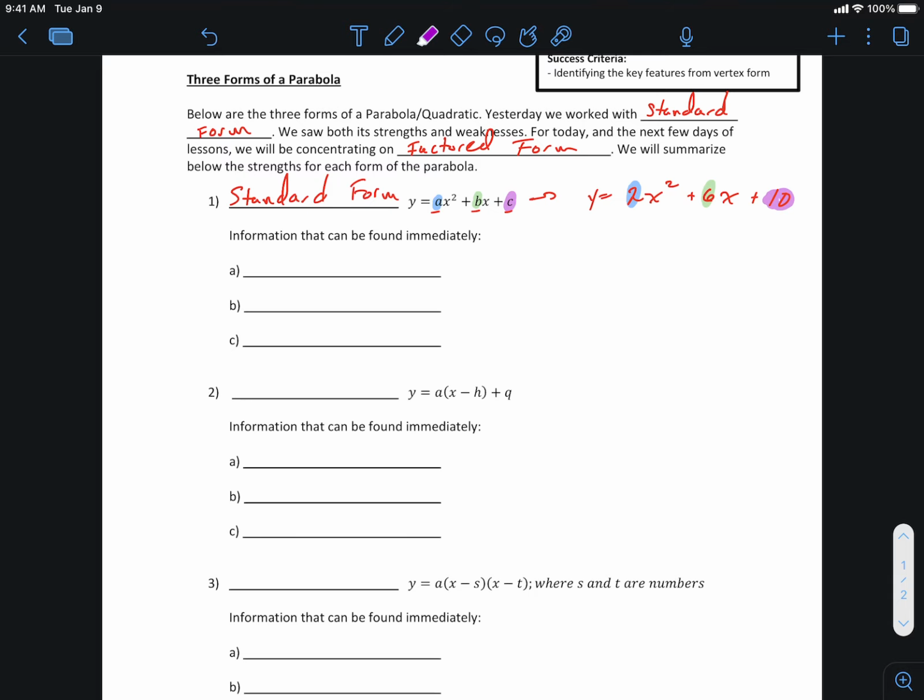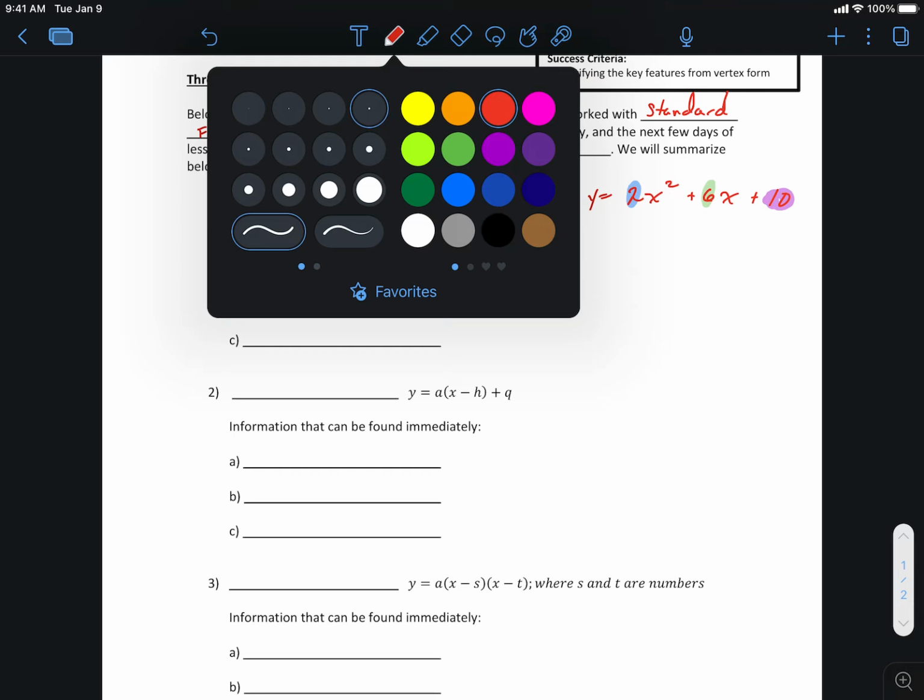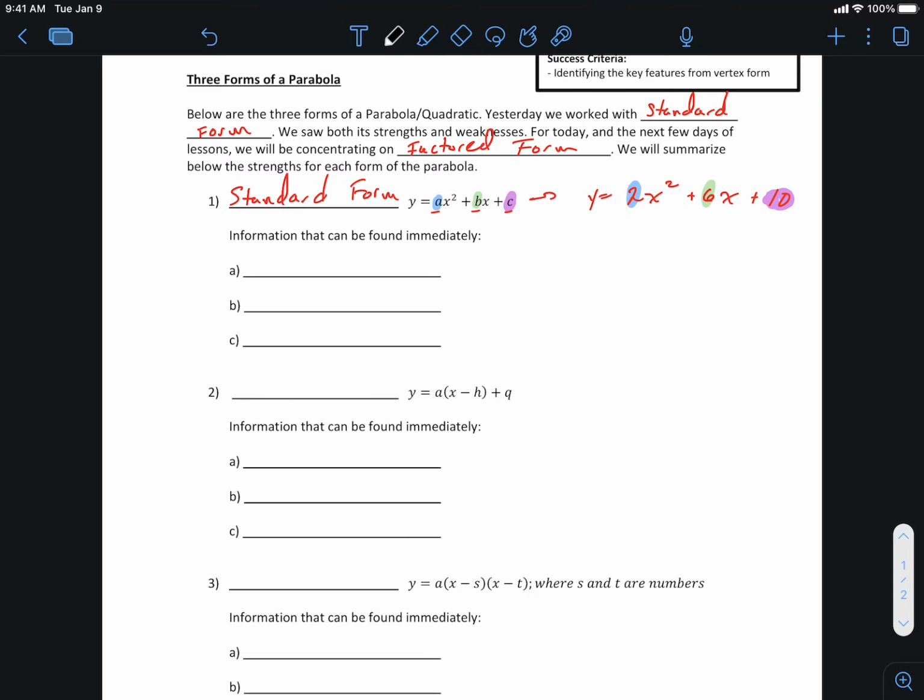And then yesterday we were talking about what information we can find from this. Well, we knew we could find the y-intercept. And we knew the y-intercept was going to be the c value, or where it crosses the y-axis. You can just see it.